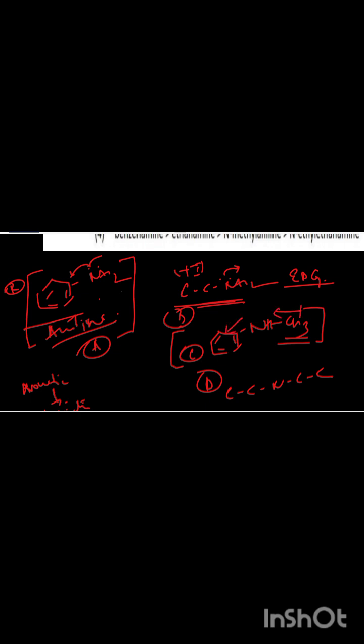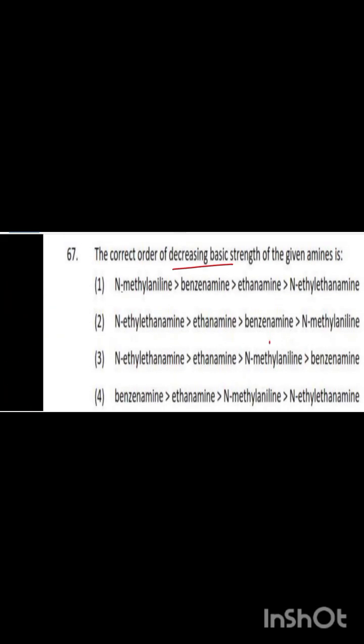So A must have the least basicity. So aniline, that is benzenamine. There is only one option. Let's compare the other options also. Benzenamine I said least, then there is N-methylaniline, it's correct. Then ethanamine and N-ethylethanamine, so all the answers match.